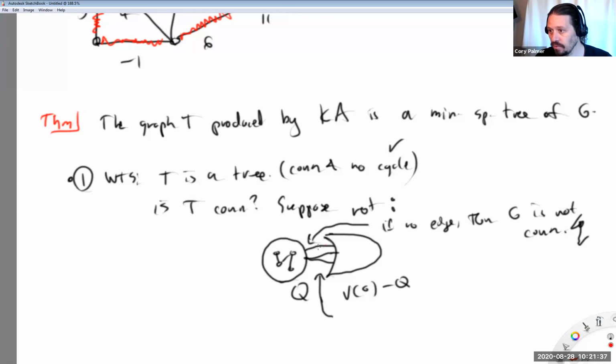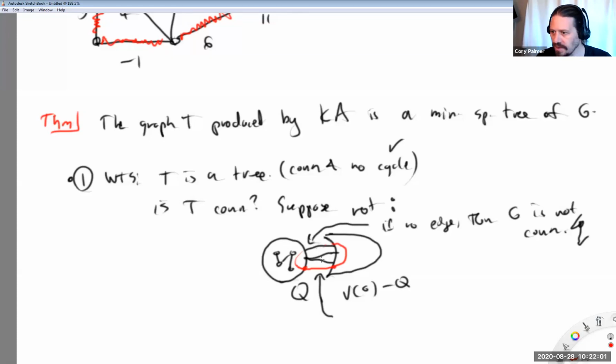Only if putting it in would create a cycle, meaning that I had a cycle that used some edges that I already embedded into my graph. And so the cycle would have to look something like this. This edge goes across between these two things. There's no cycle that uses this edge that lives inside of here or inside of here. It's got to cross the divide. But if it did that, then this edge that crosses here was a part of my spanning tree.